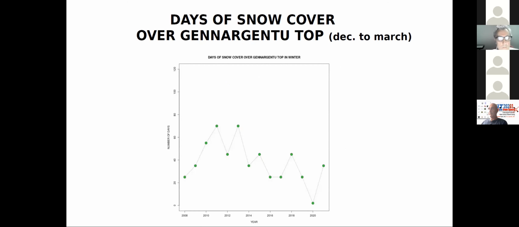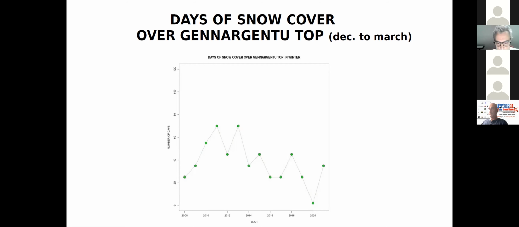This graph presents the days of snow cover over Gennargentu top from 2007 to the last winter, about 15 years of snow cover monitoring.